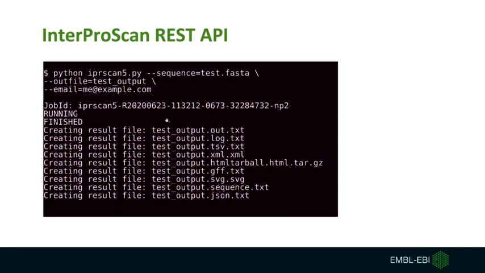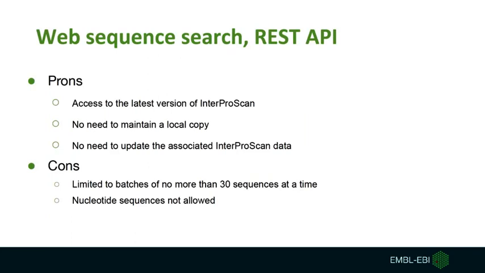You don't need to download the complete InterProScan app. The script is actually very minimal. It's just a few hundred line code, so it will not occupy too much space on your computer.